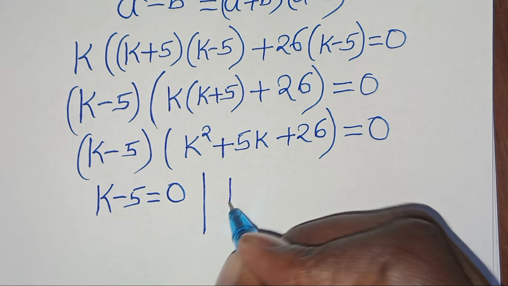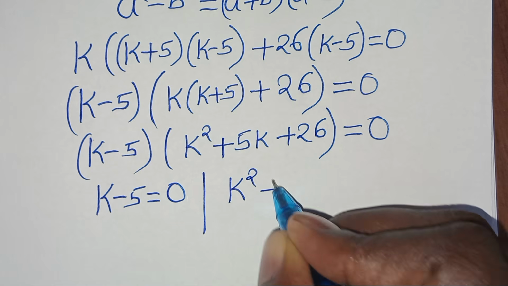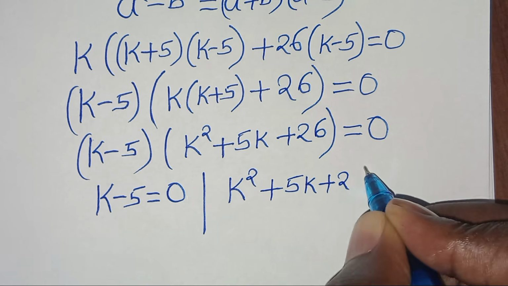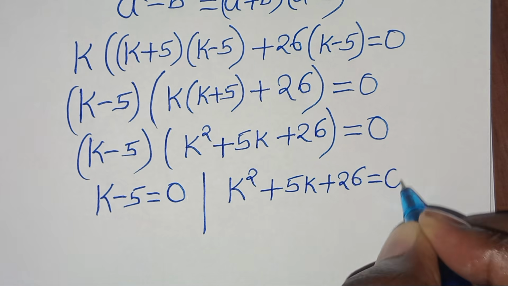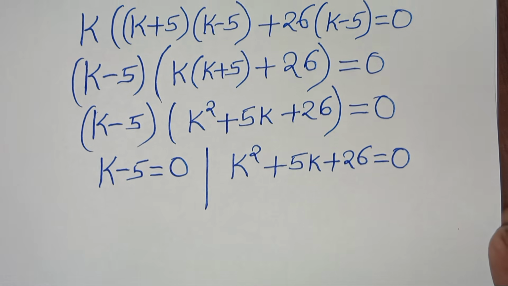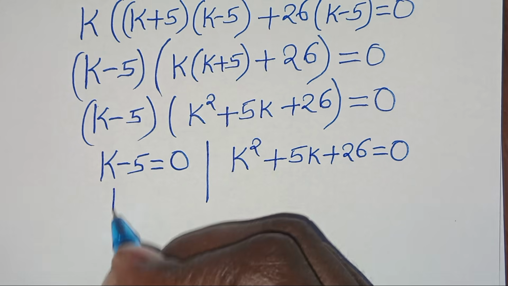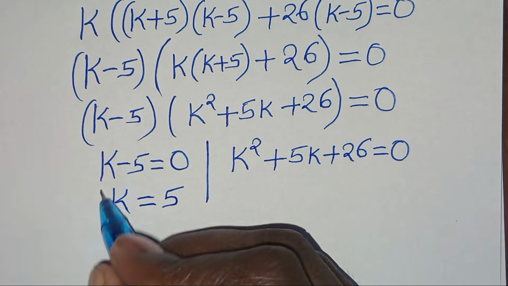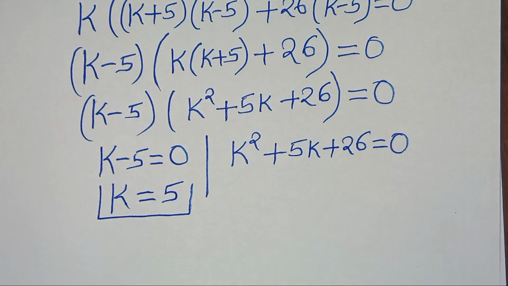Then we have k to the power of 2 plus 5k plus 26, this is equal to 0. So this implies that we have k is equal to 5. In the first part here we have k is equal to 5.